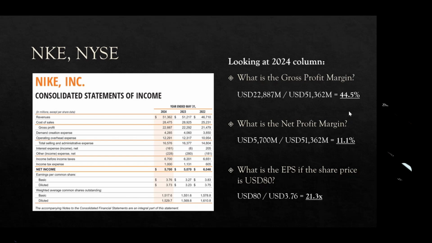Margin means percentage. So what I will do is use the gross profit, which is 22,887, divided by 51,362 over here. Just to let you know, this income statement shows figures in millions.